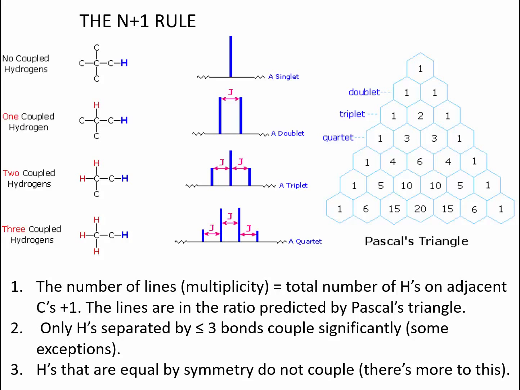If we don't have any hydrogens on the adjacent carbon, there's no splitting. We're going to see a pattern that's called a singlet. One adjacent hydrogen, it's called a doublet. Two adjacent hydrogens, this one in blue here is going to be split by both of these. It's a triplet. And with three coupled hydrogens in this molecule here, it's actually split into a quartet, which has the abbreviation Q.